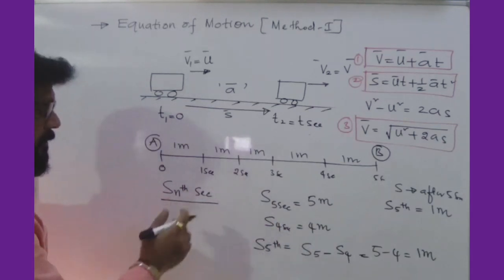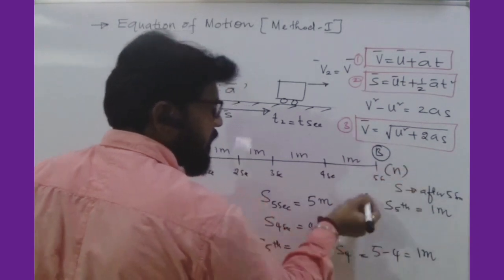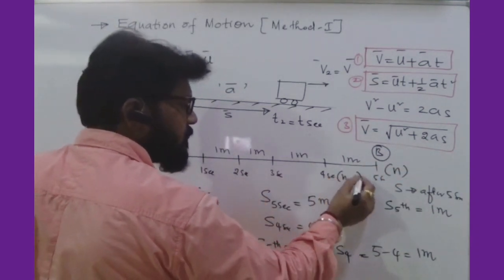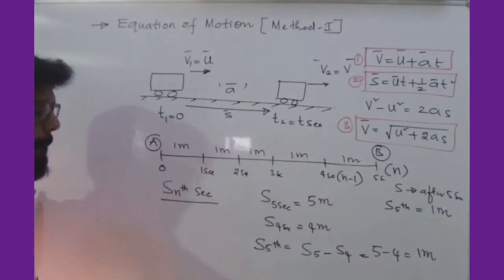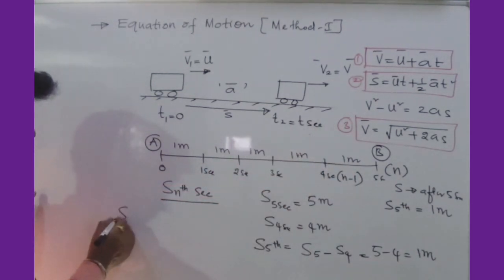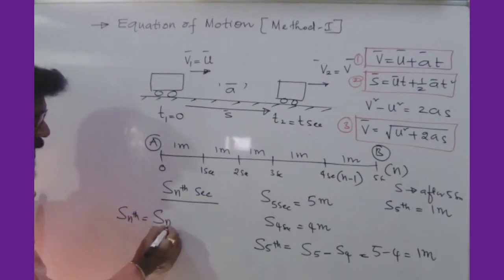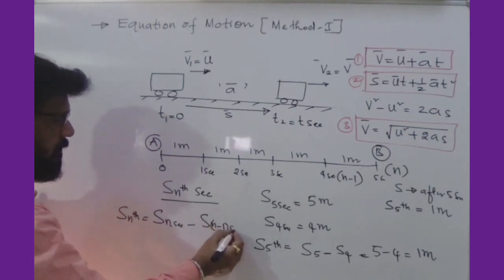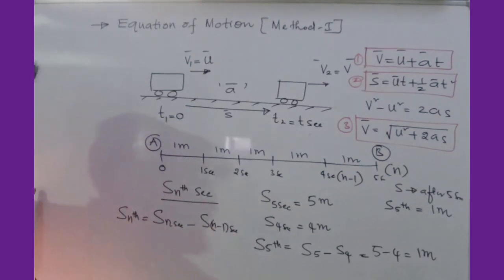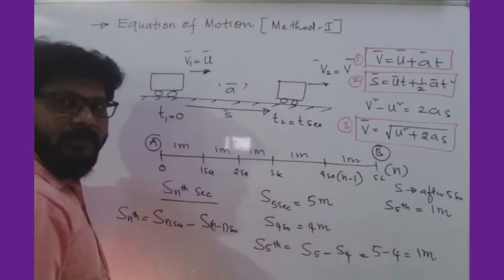Similarly, if I want the nth second, then the previous one becomes n minus 1 second. Now we can write the distance travelled in the nth second as the distance travelled in n seconds minus the distance travelled in n minus 1 seconds. I hope you got clear about this example.